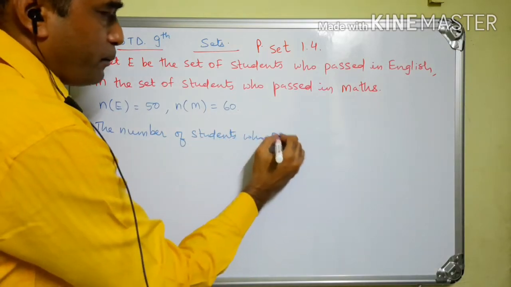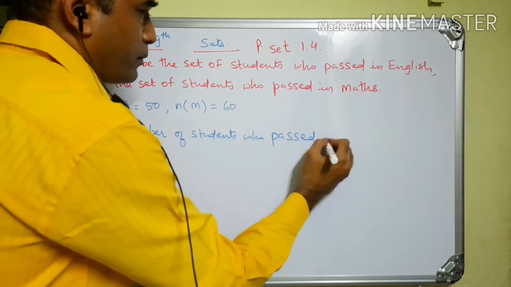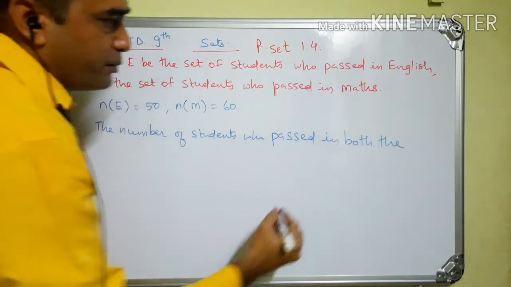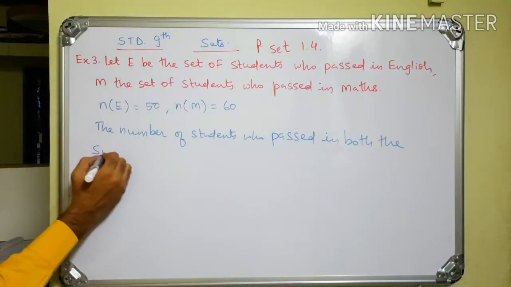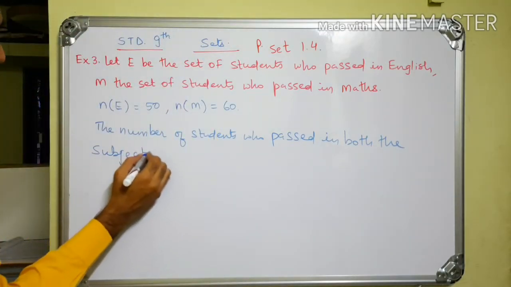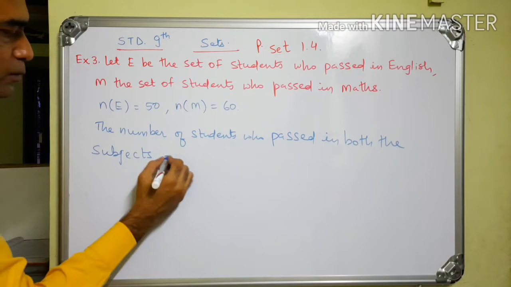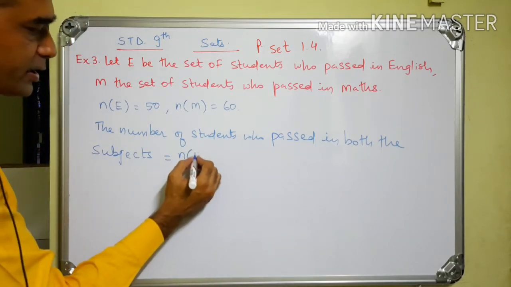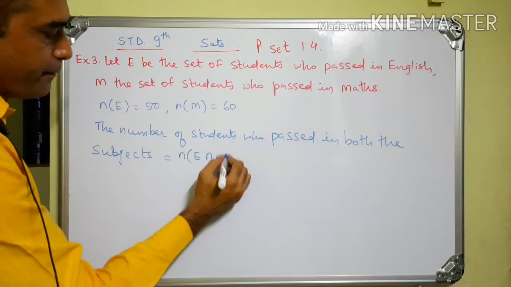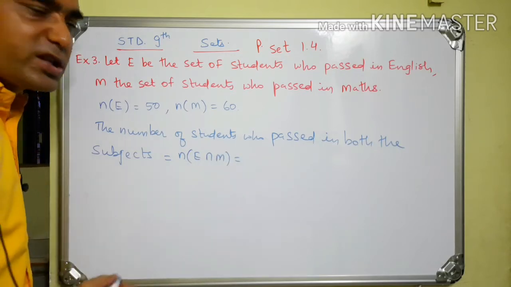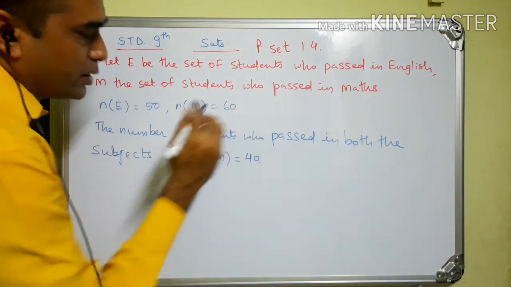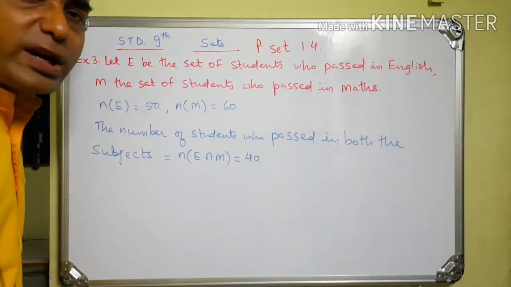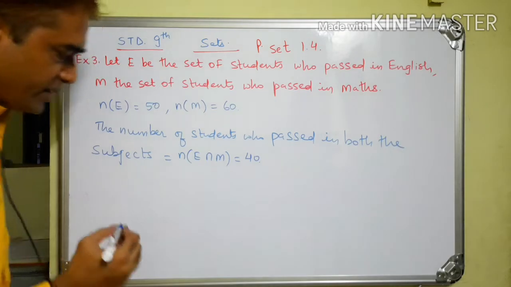So the number of students who passed in both the subjects equals, that will be the intersection set, so the number of elements in set E intersection M. How many students passed in both the subjects? 40. So this is 40. Now how many students passed in at least one of the subjects?